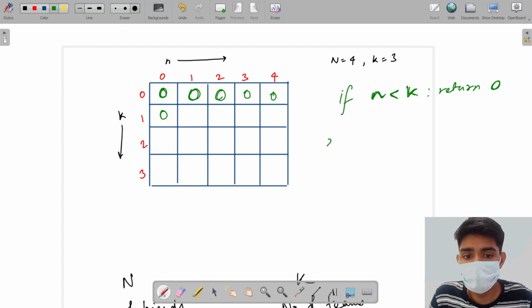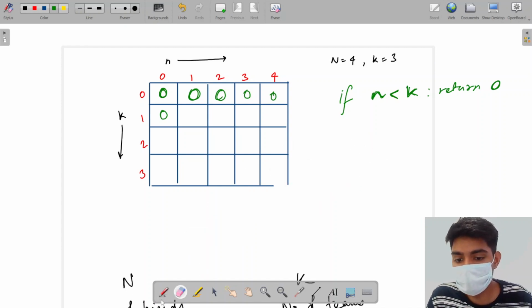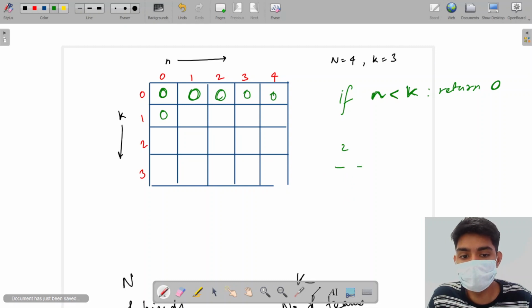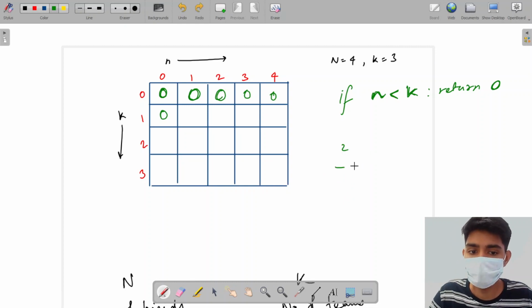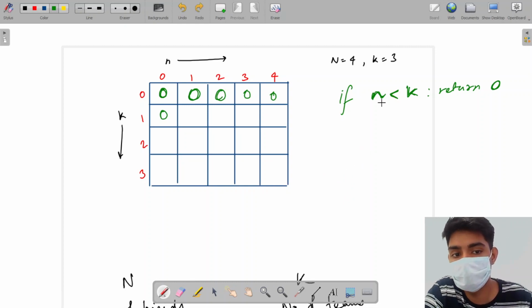If I have 2 people and I have to divide them in 3 subsets, can I do this? No, right? I cannot cut one person in half, or say 1.5 here and 1 here. I cannot do that. So I cannot divide 2 people in 3 places. So we are saying that we cannot divide if n is smaller than k. So we are just going to return 0 from here.